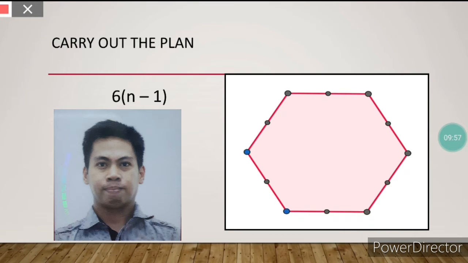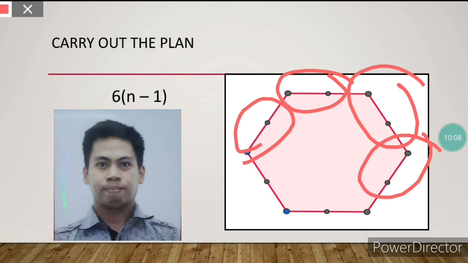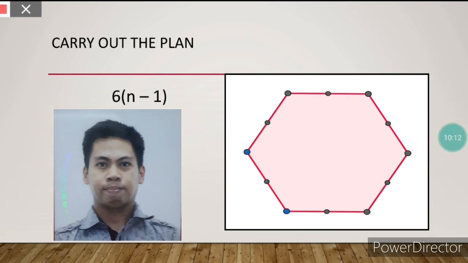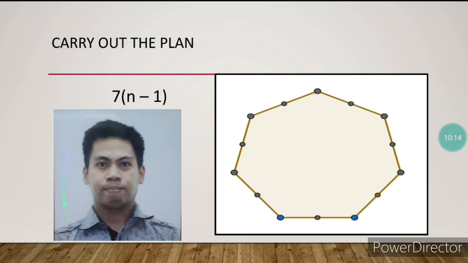Now, if the polygon is a regular hexagon, we can use the formula 6n minus 1. If the polygon is a regular heptagon, we can use the formula 7n minus 1.